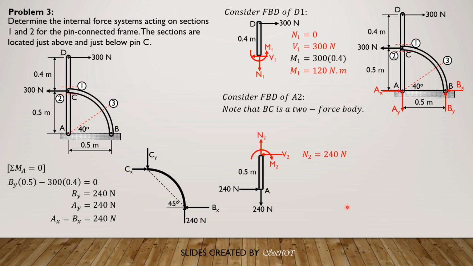Summation forces X equals 0, obviously the shear 2 is equal to 240 newtons also. And summation moment about section 2 equals 0, so M2 minus 240 times 0.5 equals 0. So M sub 2 is also 120 newton meters as shown in the figure. So that's the complete solution to this problem.